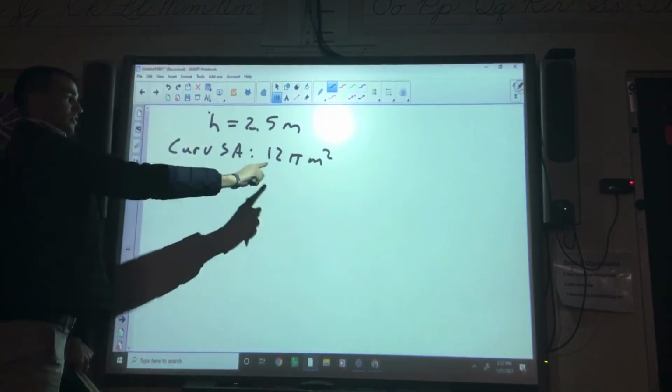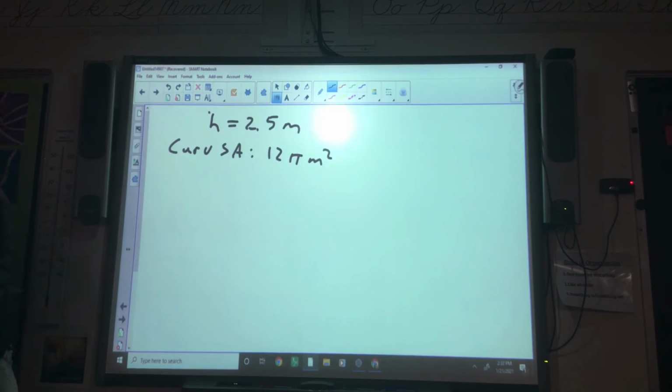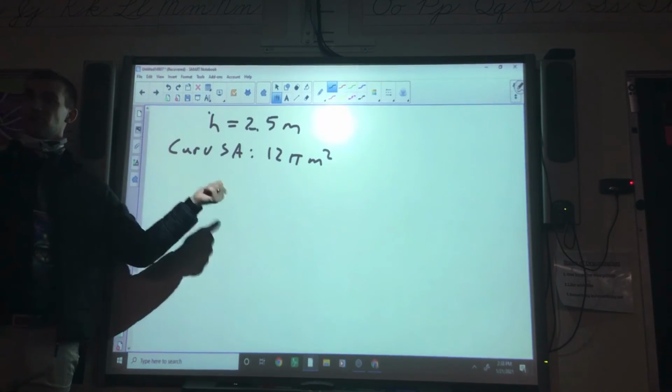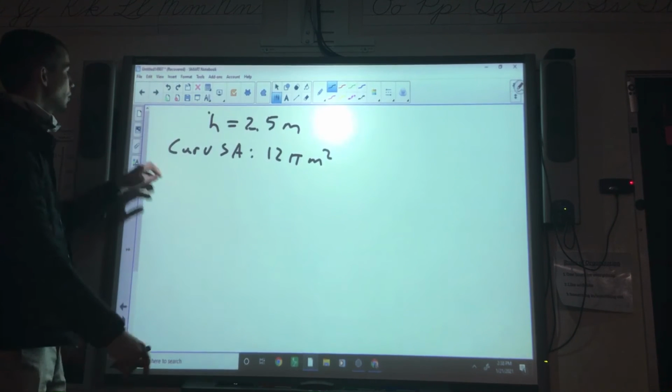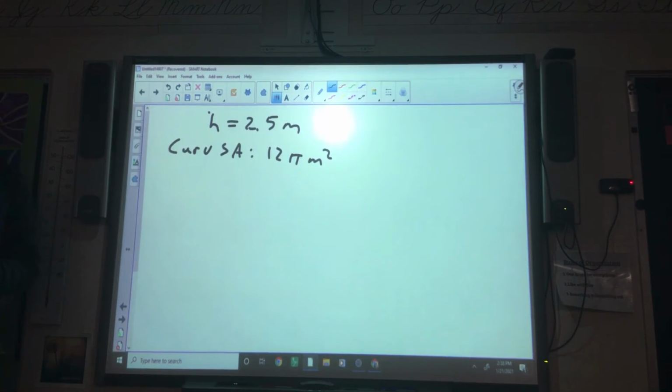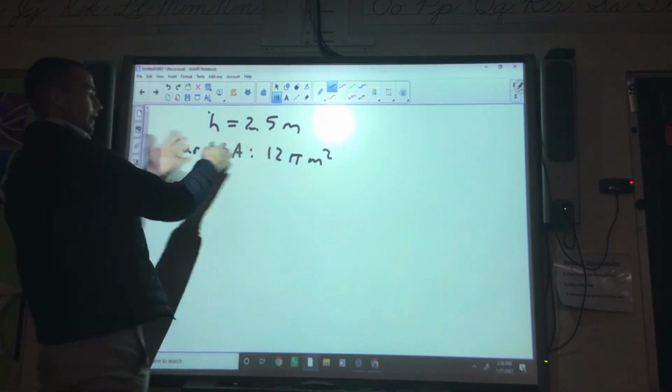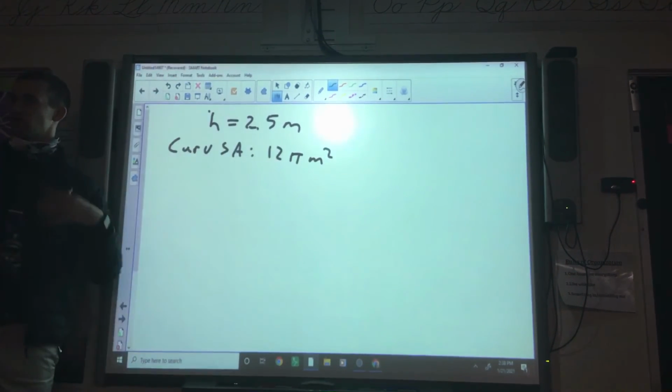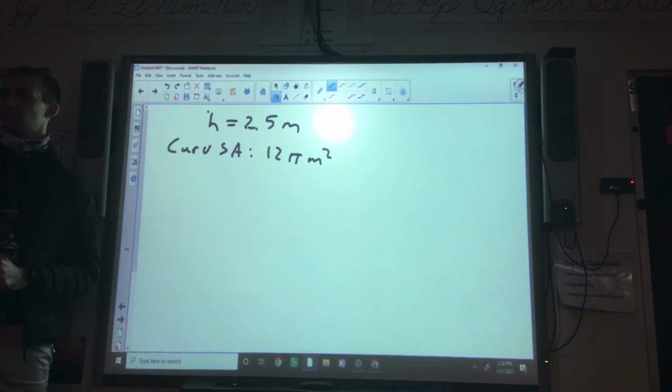Okay, so this is the thing. Have we been given or dealt with just exclusively the curved surface before? No. So at this point, what do you think? Have we talked about that curved surface, the surface area of that? Yeah, we did.